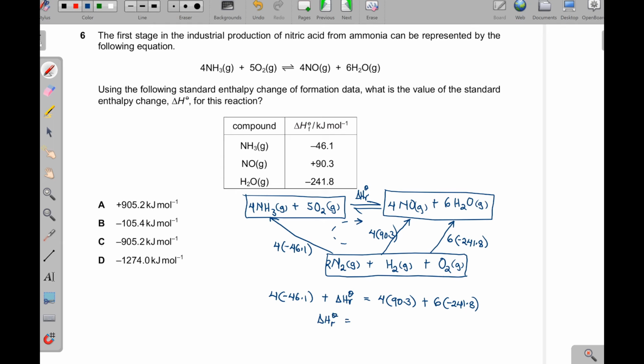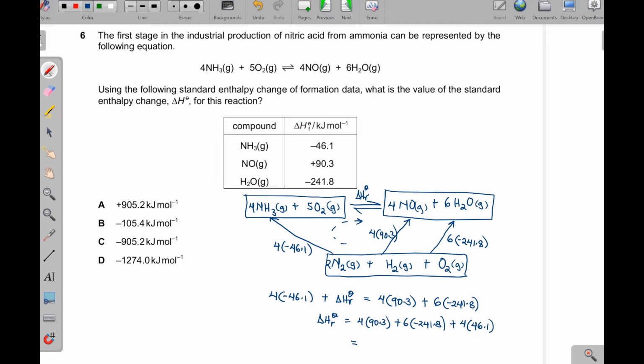Our DHR will be equal to 4 times 90.3, plus again 6 times negative 241.8, and then bring this other term to the other side. But since there is a negative here, it is going to become a positive, right? So I'll just put plus 4 times 46.1.